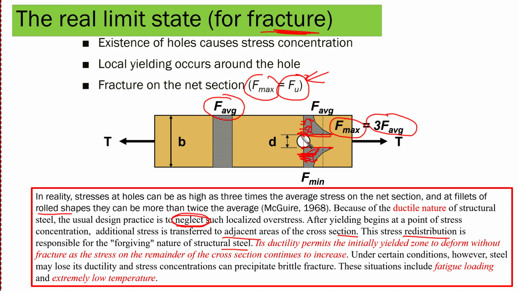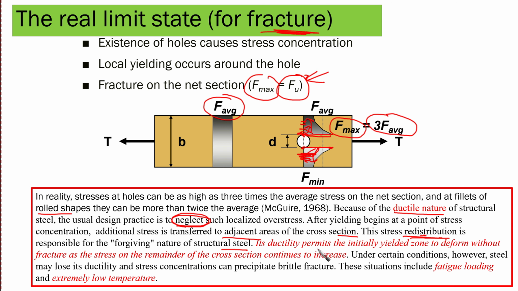Okay, so the right answer to this question is that yielding is going to be reached, but the point is we have the ductile nature of structural steel that is going to make a redistribution of the stresses. So the highly stressed section is going to give to the lower stress section. So we can put it like this and remember it very well.